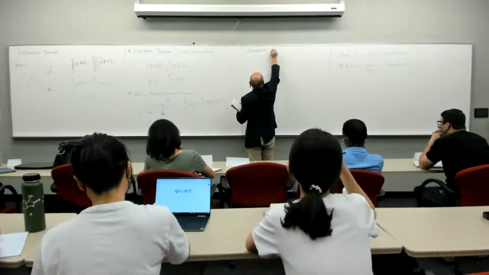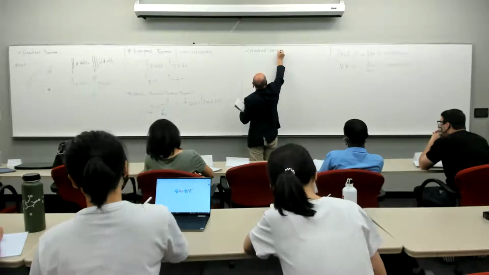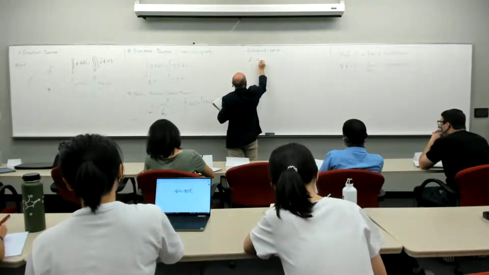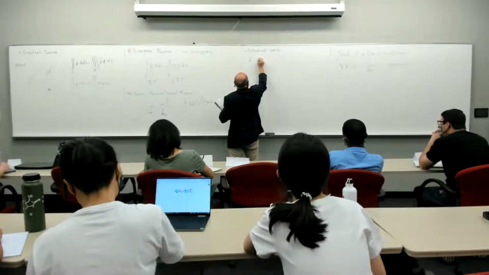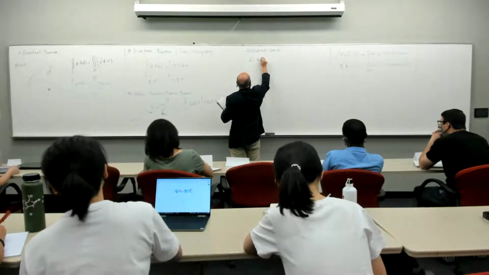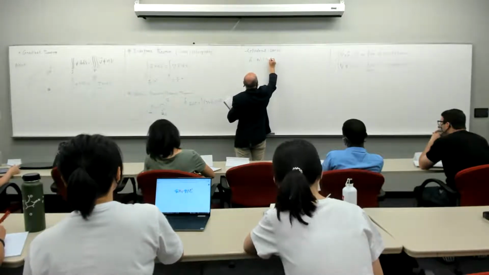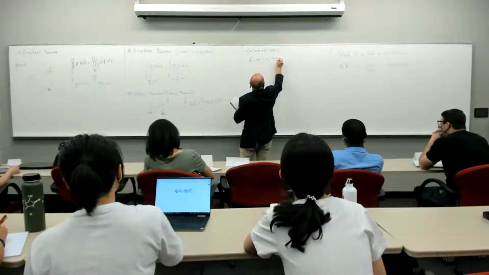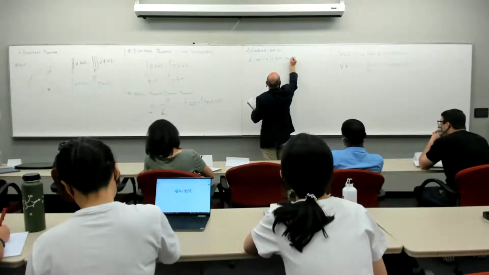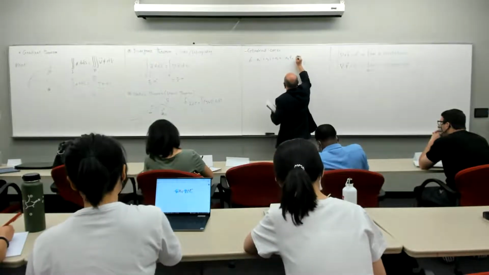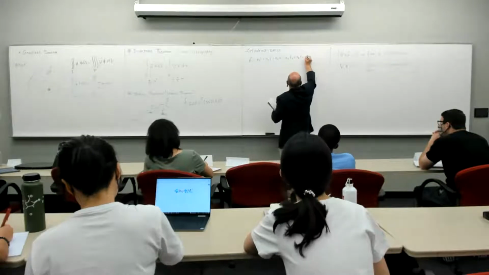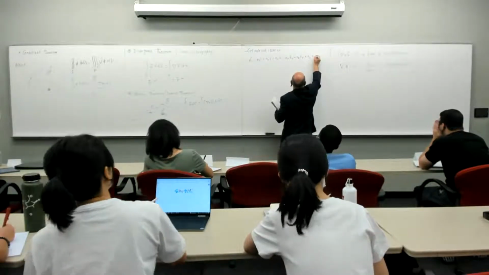I'm assuming you have some familiarity with that. Coordinates, you know, if vector A is expressed as Ax i plus Ay j plus Az k, it's going to be expressed as Ar er, unit vector in the radial direction, plus A theta e theta plus Az ez.